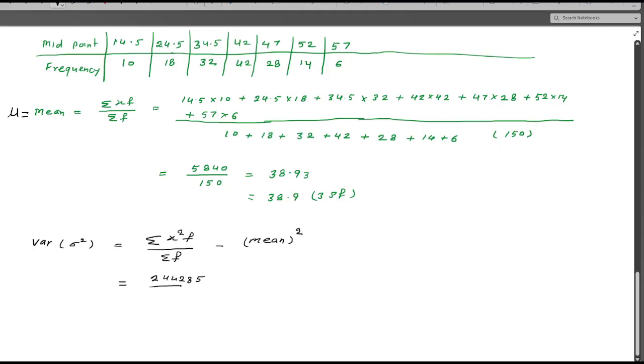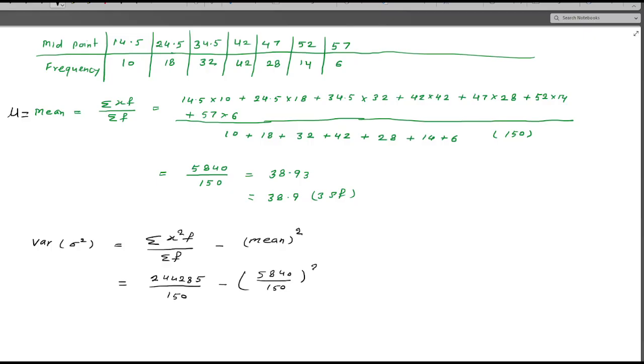244,285 divided by the total frequency 150, and minus the mean, which is 38.9. Instead of taking this average value, I will take the exact value, which is 5840 divided by 150, the whole square.